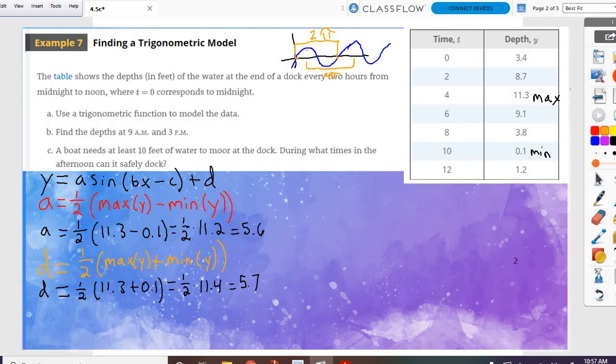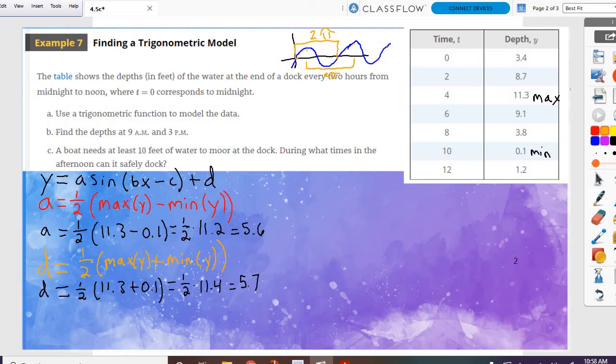Well, notice that on the data that they give us, we have a maximum value and a minimum value. And because we've shifted everything up, we don't really have a 0 value, so it makes it a little bit harder. Because our D value, remember, is our new x-axis, we're looking at 5.7, and that would be where our zeros, you can think about them, would hit. But notice that on our y values, we don't have any 5.7s.